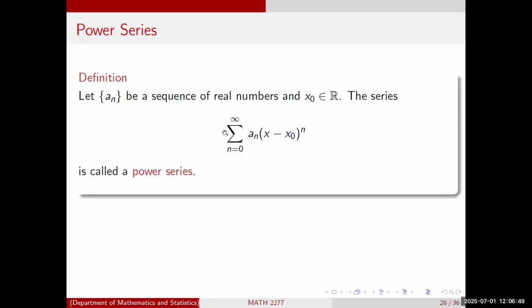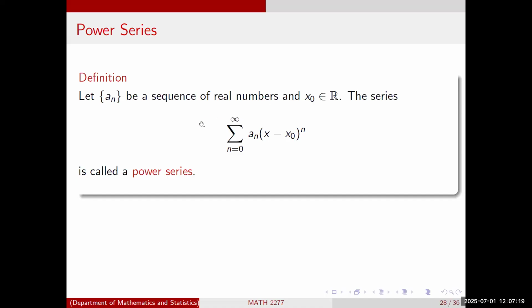Okay, so the last topic in the course is what is known as power series. Everything that we did so far in this chapter essentially leads up to this thing called a power series. So everything we did so far is needed to understand this series. A power series is a special type of series.